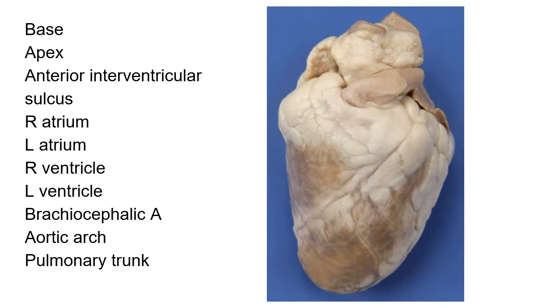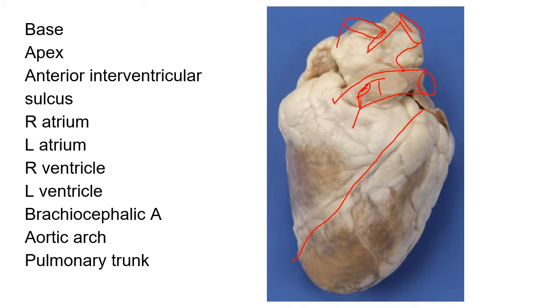So again, my landmarks: the anterior interventricular sulcus, and this blood vessel by itself, the pulmonary trunk. When I look just behind the pulmonary trunk, granted, there's a little fat wrapped around them, but there are two blood vessels I can see here. One is here, and it happens to be attached to this other one pointing there.